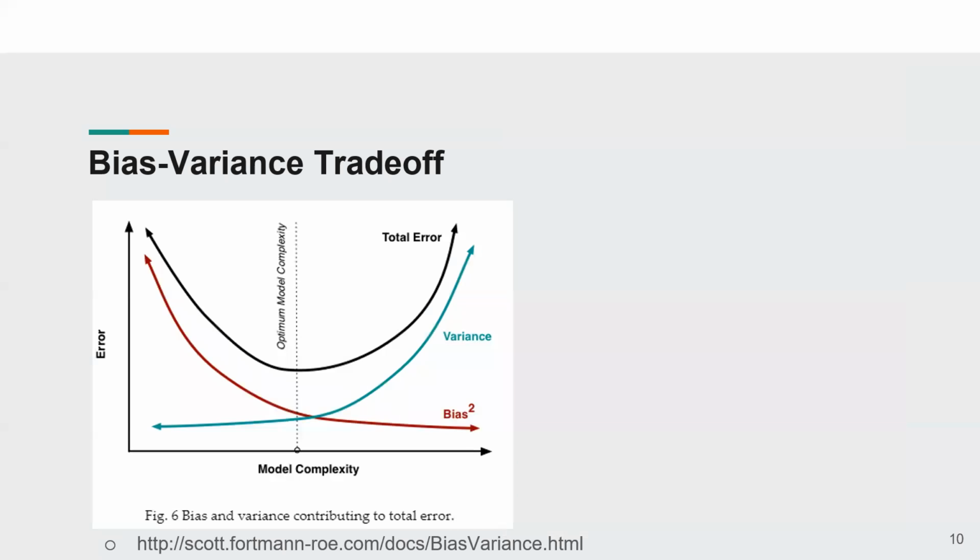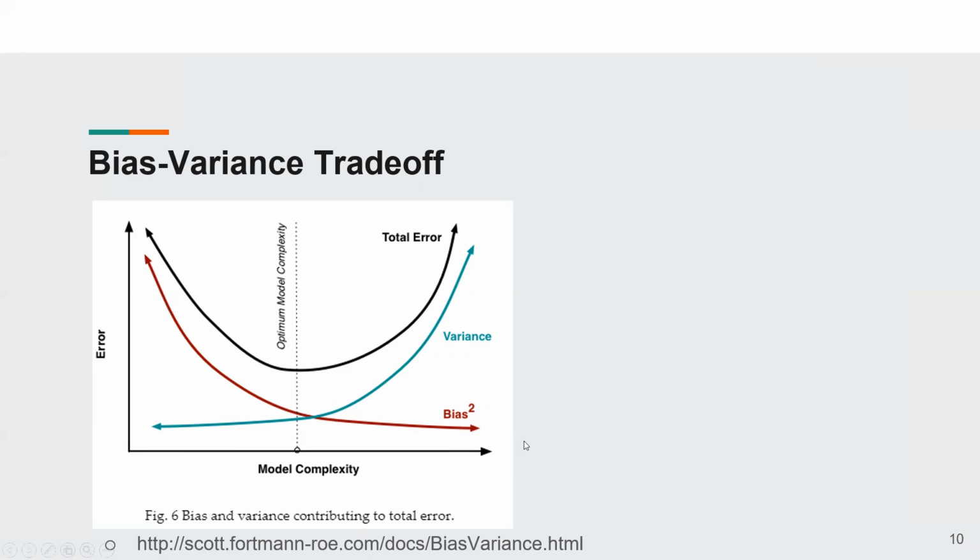In terms of model complexity, this graph tells you even better. The x-axis is the model complexity and the y-axis is error. As you increase your model complexity, your bias tends to decrease. You're trying so hard to fit that data that the bias becomes smaller and smaller.